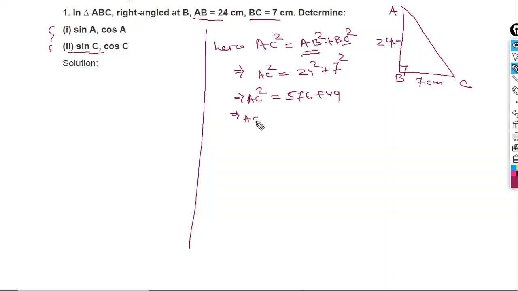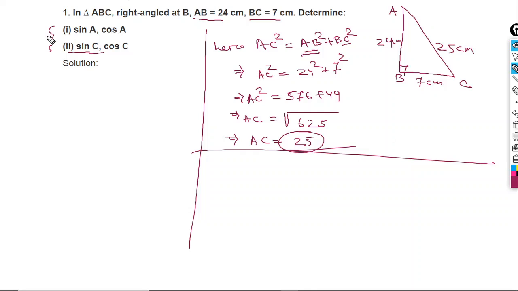Implies AC equal to root over of, now add them, it will be 625. Now implies AC equal to root over of 625 is 25. So we got the value of AC, 25 centimeter.